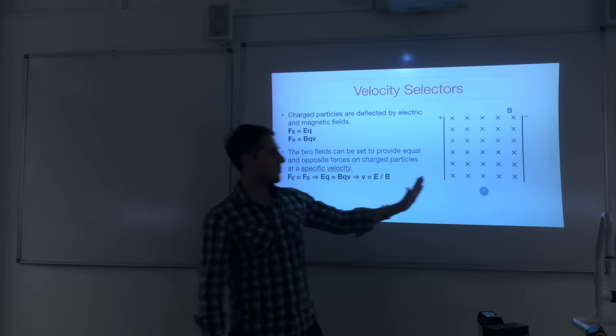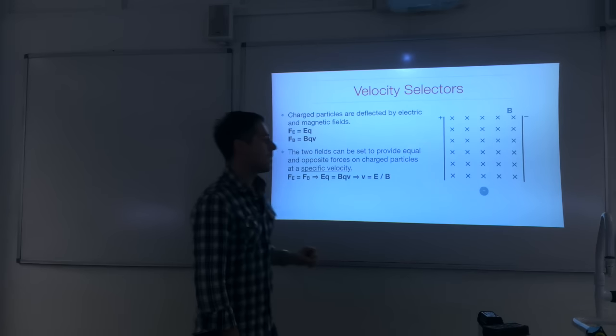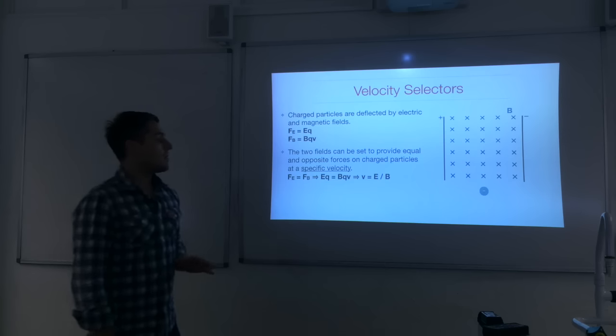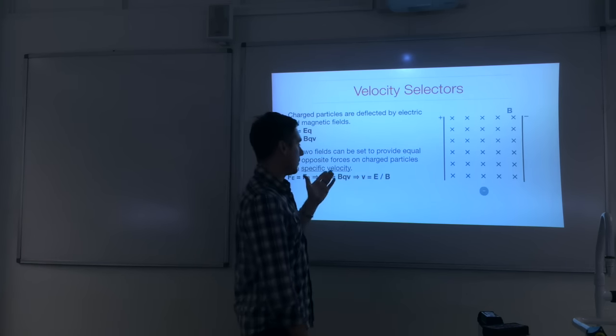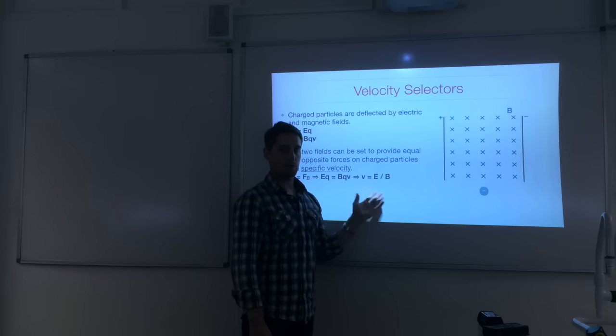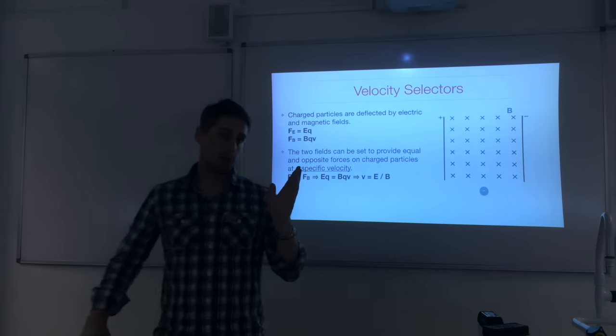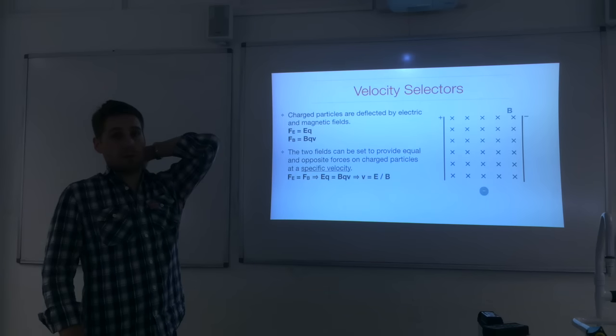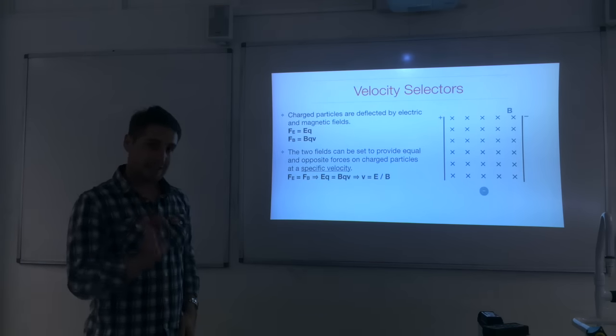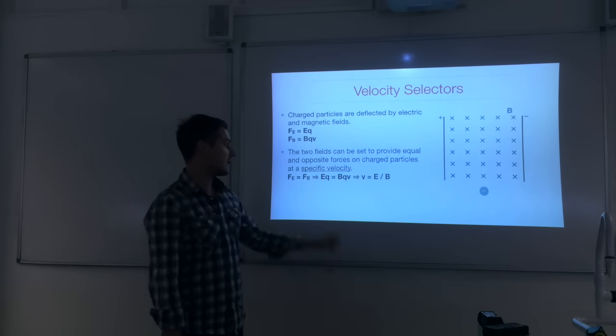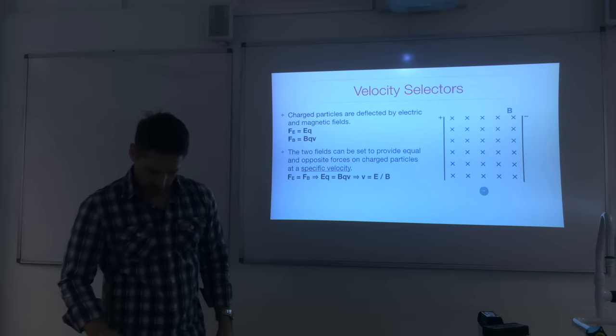So they will go through this arrangement undeflected, but any charged particles not at that velocity will be deflected by that arrangement. So we can use that to select charged particles that have exactly that velocity.